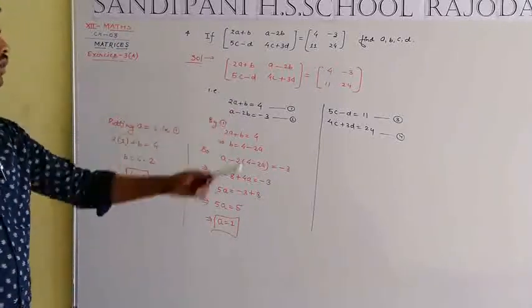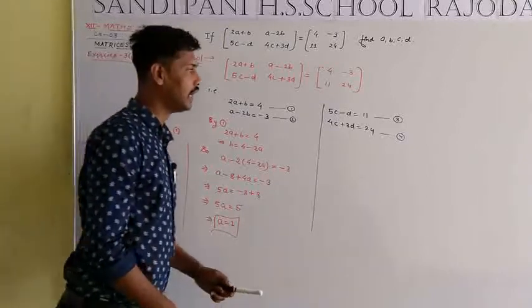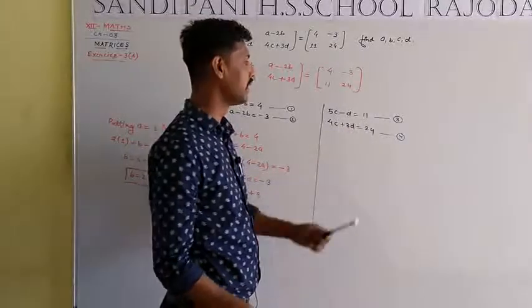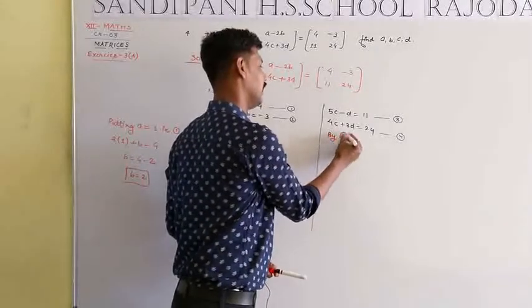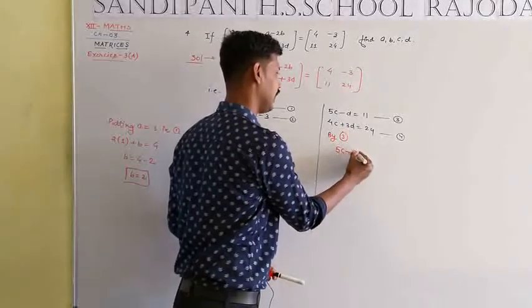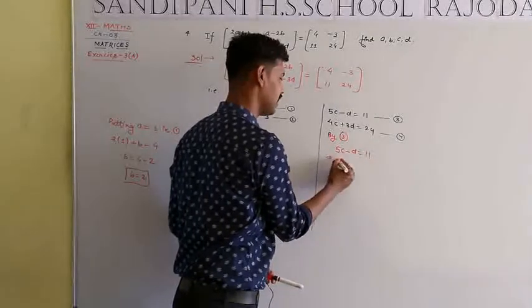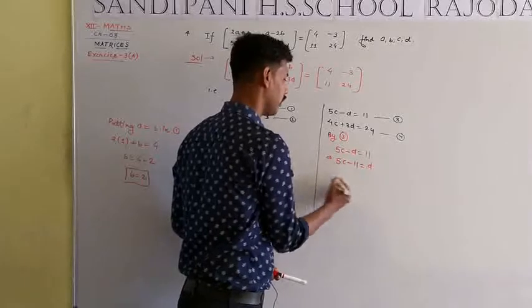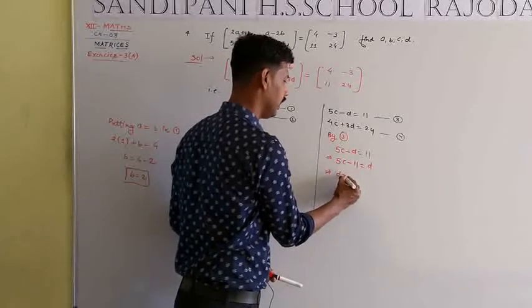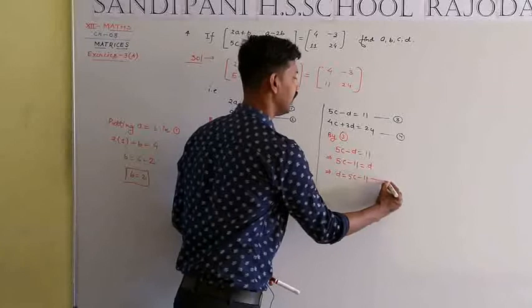Very good. That means we get the values of a and b. Now time for the values of c and d. We have to solve equations number 3 and 4. By equation 3, 5c minus d equal to 11, such that 5c minus 11 will be equal to d. So d equal to 5c minus 11.